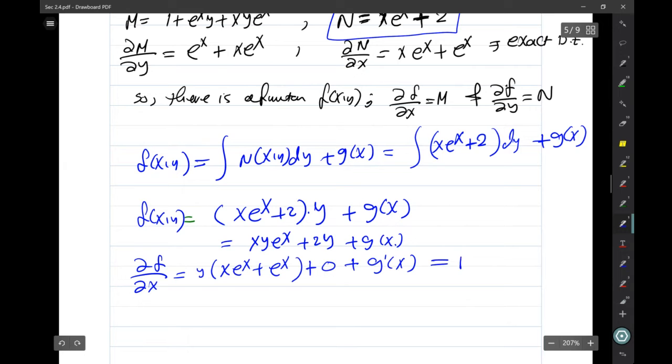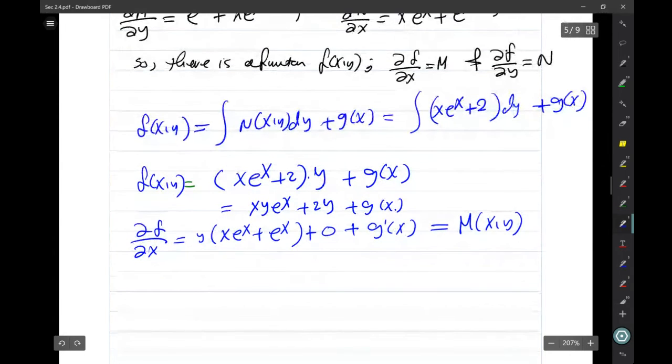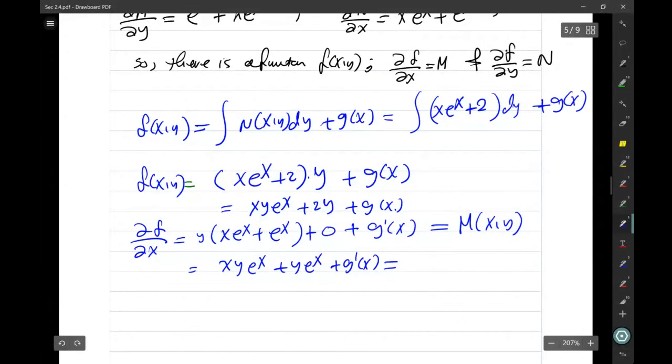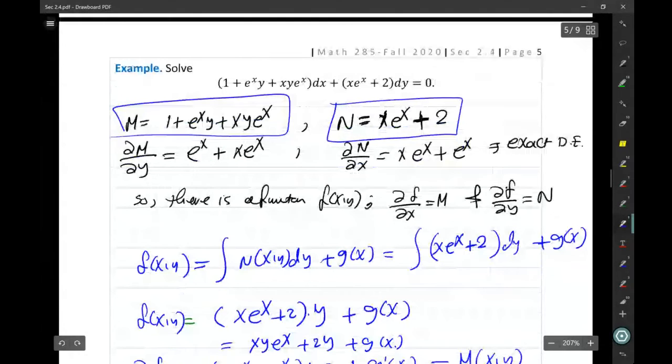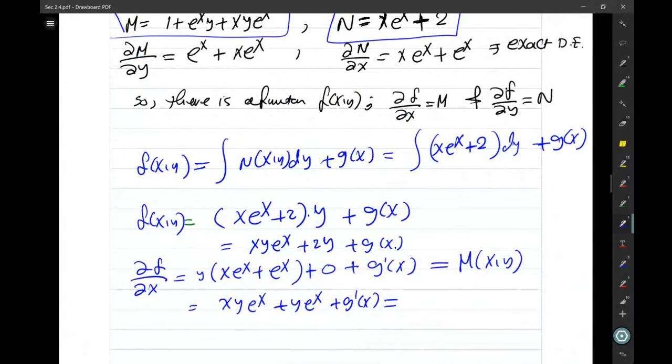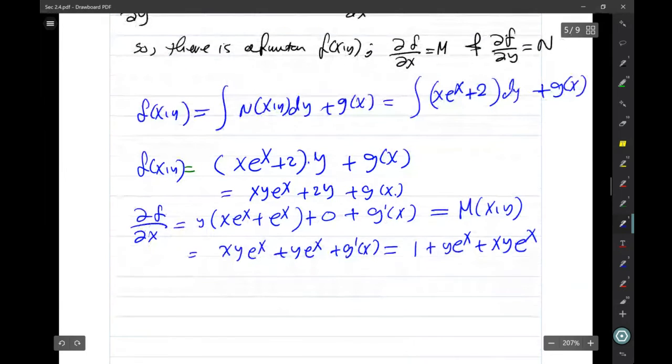Now equalize it with the one you did not integrate, m of xy. So that becomes xy ex plus y ex plus g prime x is equal to m. This is m: it is 1 plus y ex plus xy ex.